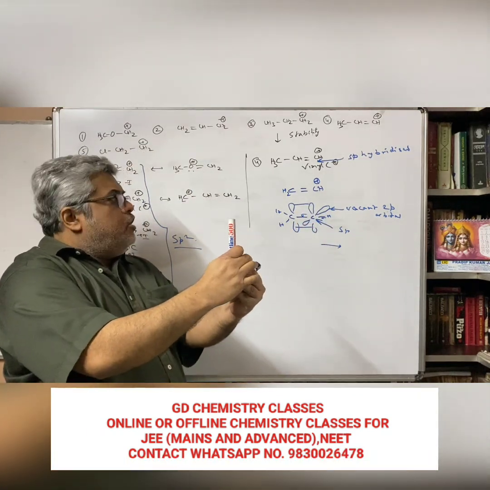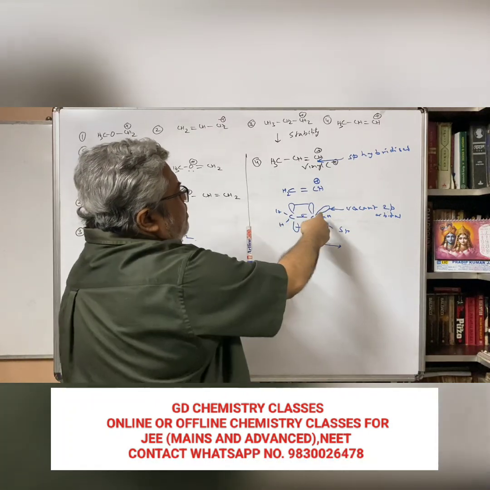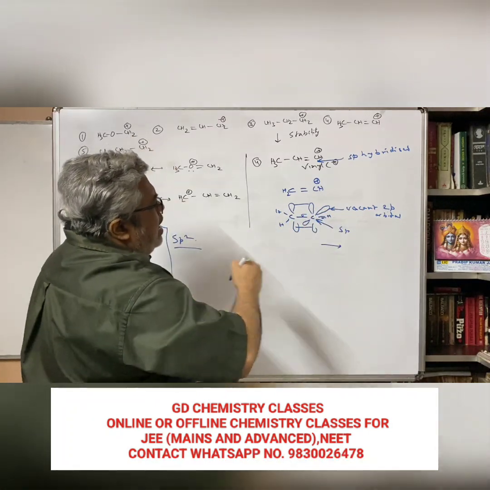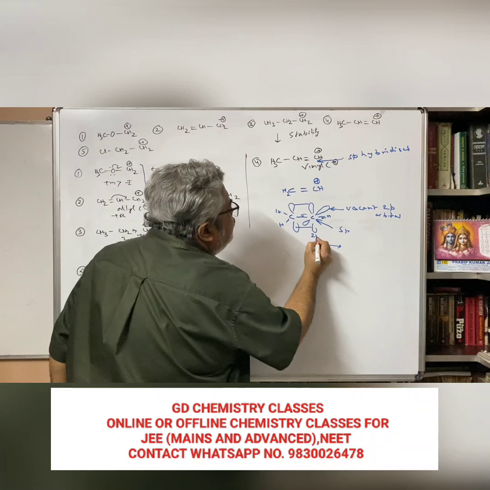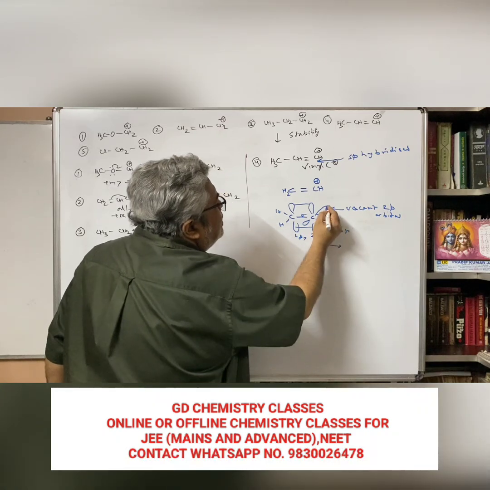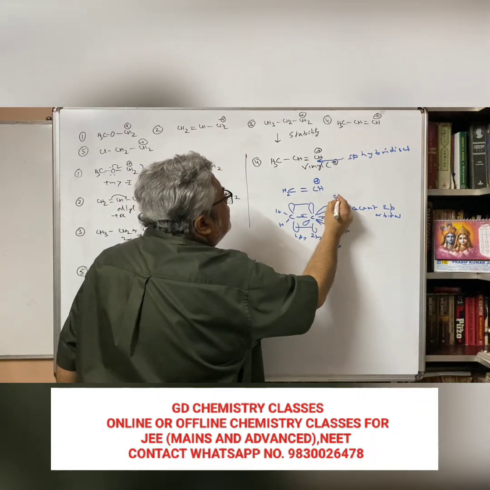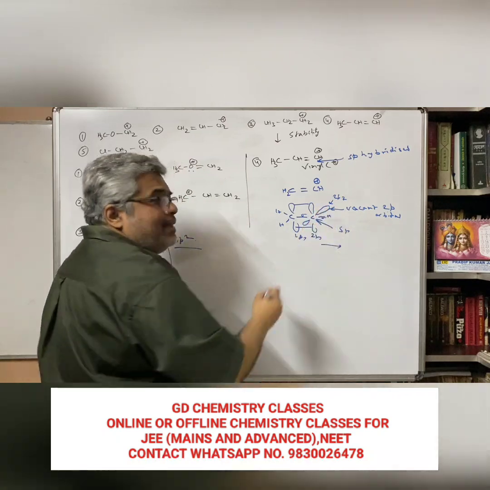Like this. So if this p is the overlap of 2py, then the vacant 2p orbital will be 2pz, which will be at the positive charge.